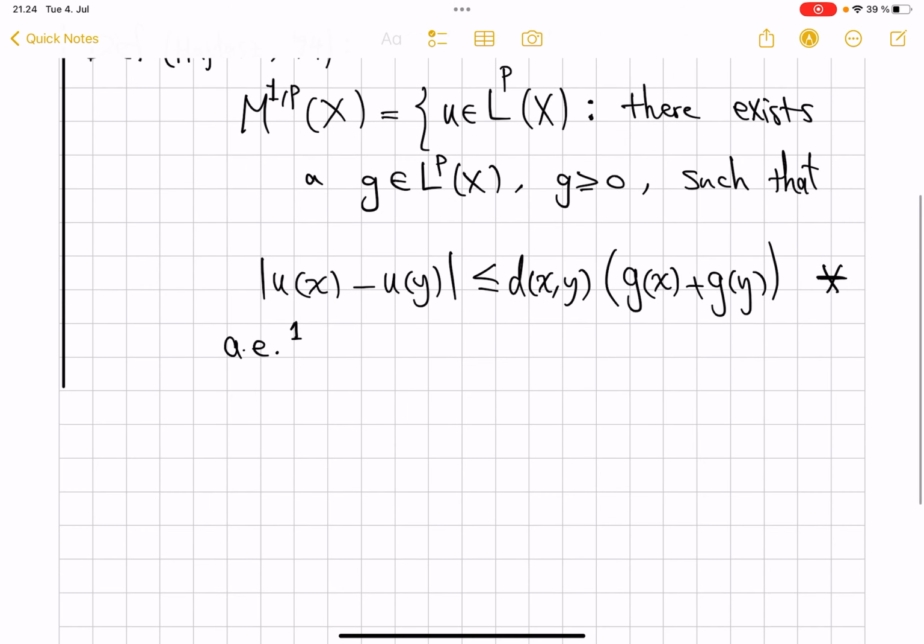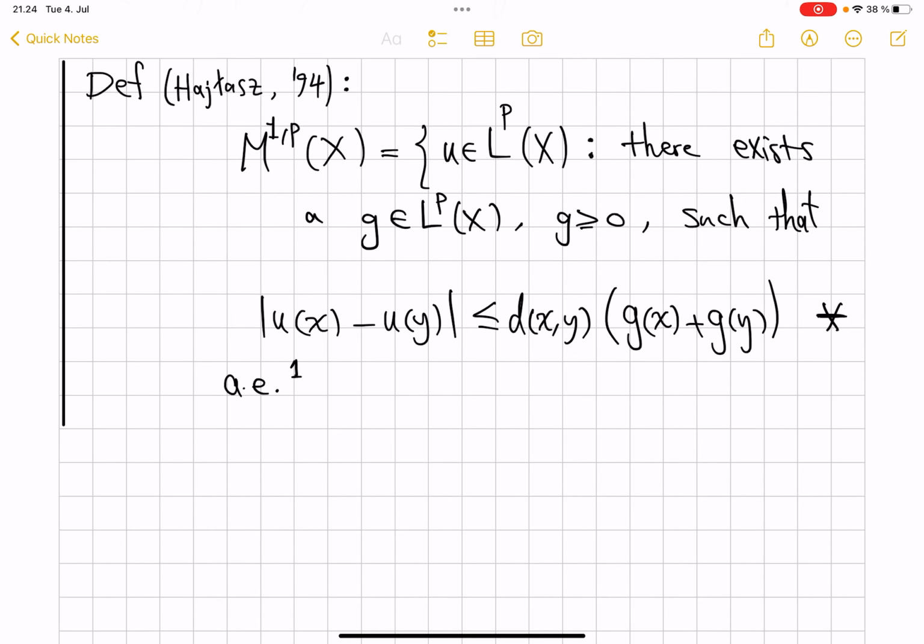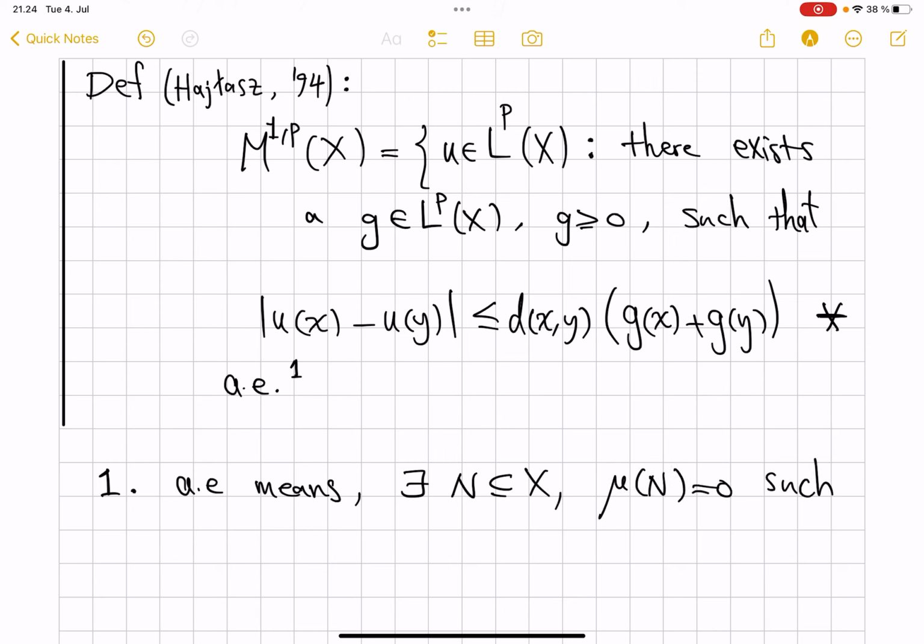We have to explain this almost everywhere because that is very critical. Almost everywhere means there exists some null set N in X with measure equal to 0, such that a property holds. We say a property holds almost everywhere.